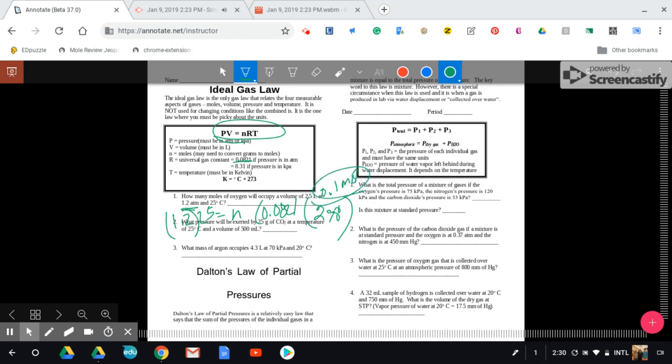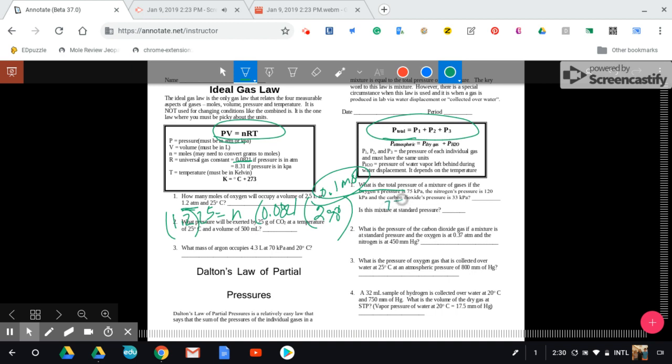All right, under Dalton's law, pressure is just simply adding up if you want to know the total, or you subtract if you want to know the partial pressure. So if I know that the total pressure of gas is 75, so what it's asking, I'm sorry, what is the total?